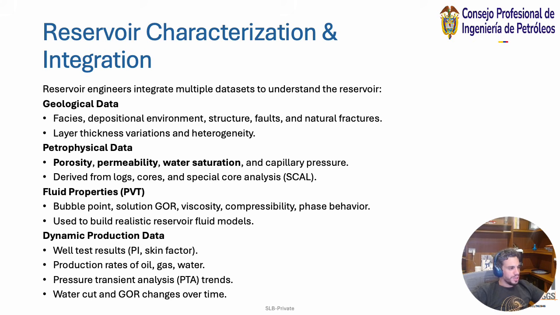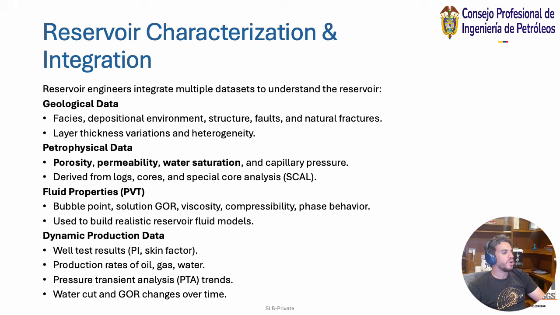And then they use the petrophysical data, so the porosity, permeability, saturations, and capillary pressures, that are derived from all the logs, the core analysis, and the samples. And they take the fluid properties, so we talked about the solution GOR, oil compressibility, the phase behavior, and the viscosity, and they use them to build realistic reservoir fluid models, right?